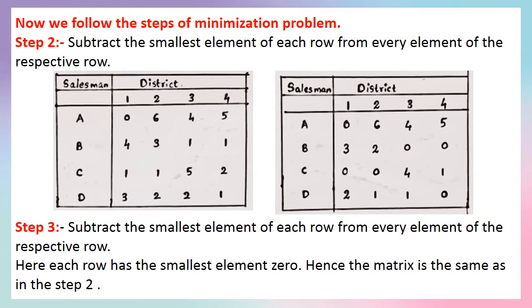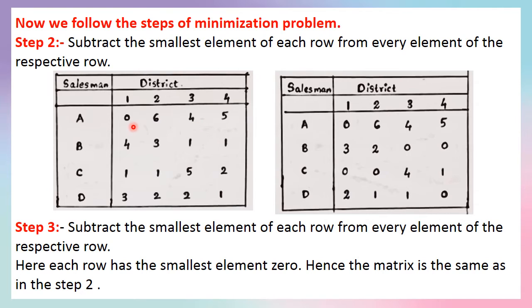Now after getting the new matrix, we follow the steps of the minimization problem. So in the minimization problem, we start with the subtraction of the smallest element of each row from every element of that respective row. Here this is the matrix obtained in the previous step after subtracting every element from the maximum element. So in this we consider each row.